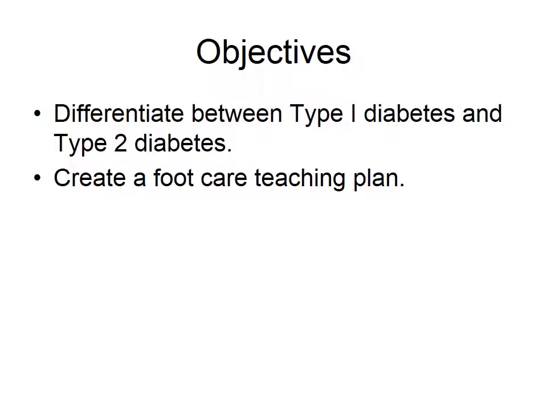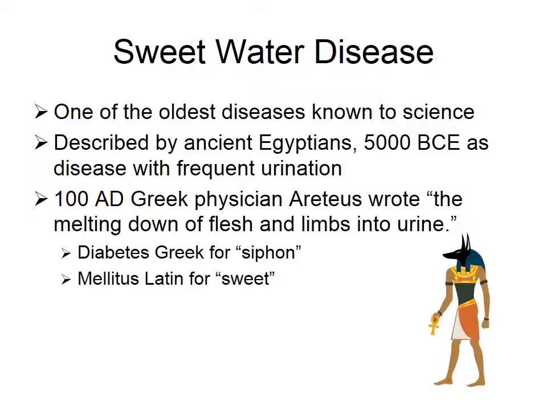This module will discuss diabetes mellitus. Diabetes mellitus is one of the oldest diseases known to man. There are descriptions noted by the ancient Egyptians about 5000 BCE that describe a disease characterized by frequent urination.